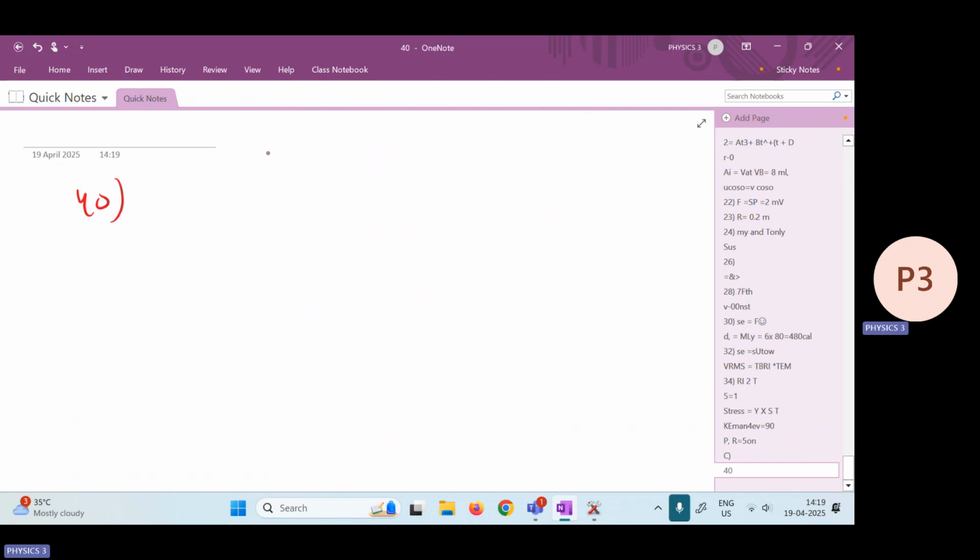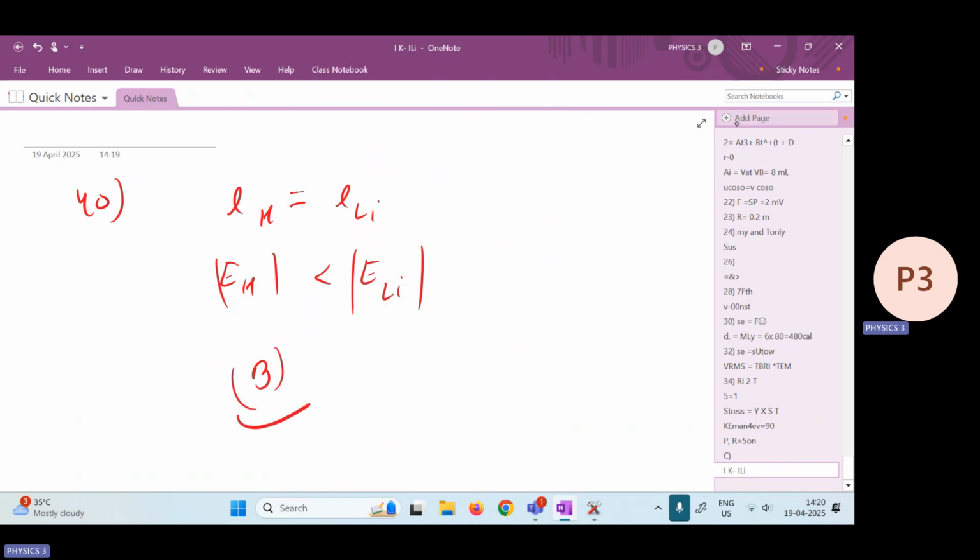Okay, so we know that LH will be equal to L of Li, and the energy of the hydrogen atom will be less than the energy of the lithium ion. Its magnitude will be less. So B option satisfies this situation.